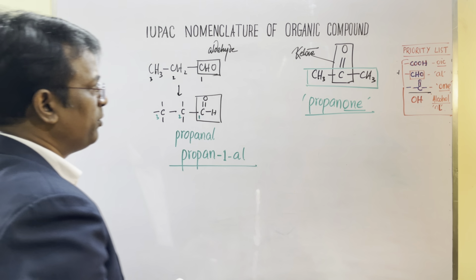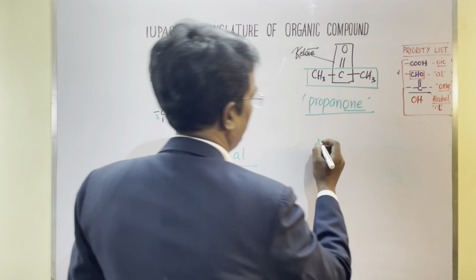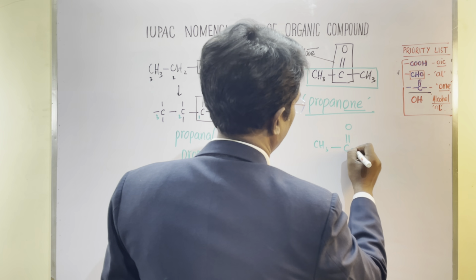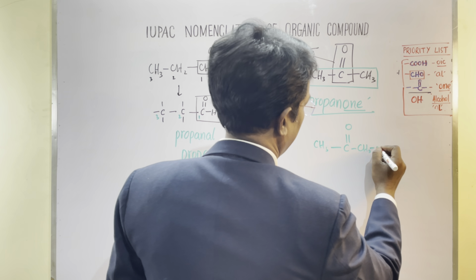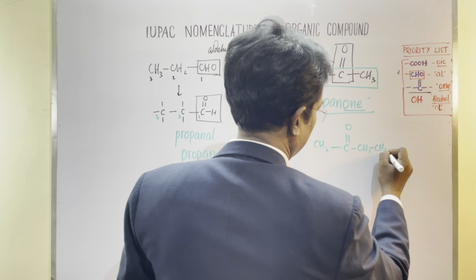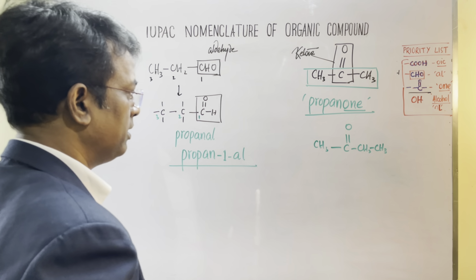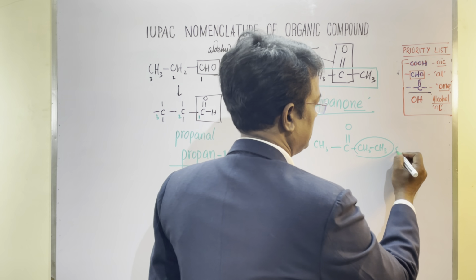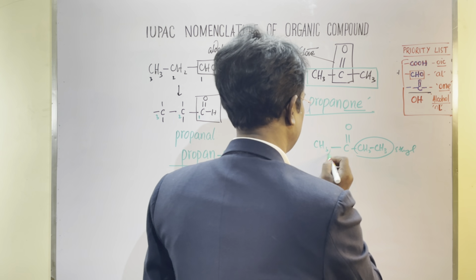If you want, I can give you one more example of ketone. You can have CH3, C double bond O, CH2, CH3. The common name will be ethyl methyl ketone. This is an ethyl group and this is a methyl group.